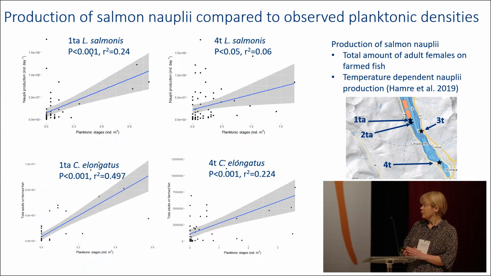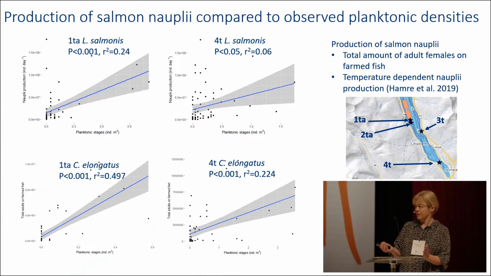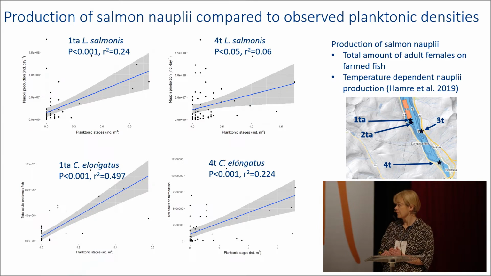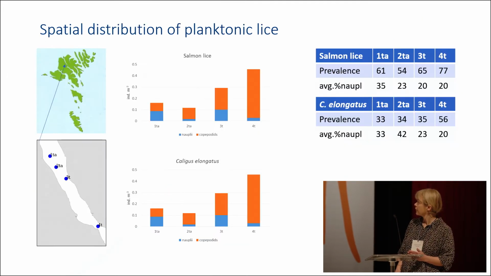For the Caligus, we don't have the temperature-dependent production, so here we just compare the number of adults on the fish, and again we have linear relationships between the fish and the planktonic stages. And again, most of the variance is explained closest to the fish farm.